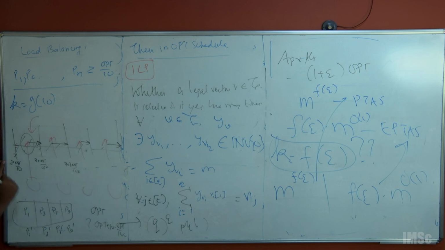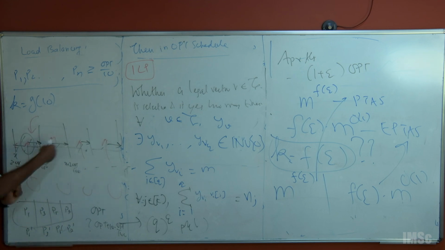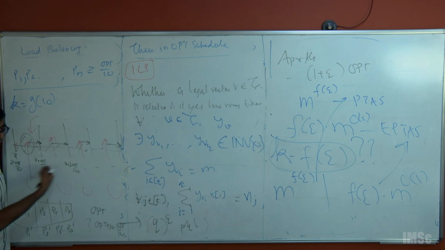Now I map again like this. How much did it increase by? Opt by 100, no? So everybody has opt by 10, so they increase by how much? Now the optimum in this increased by opt plus opt by 100. But how many different item types do we have? 100.